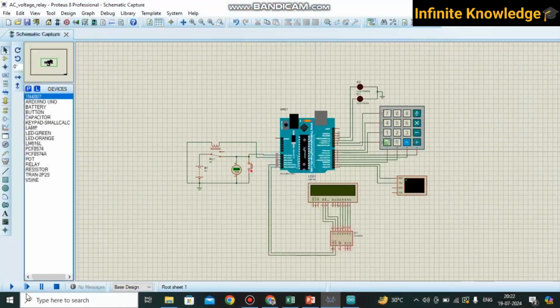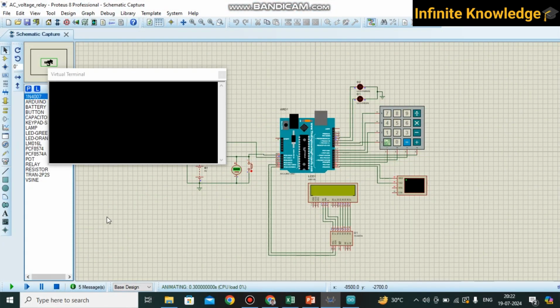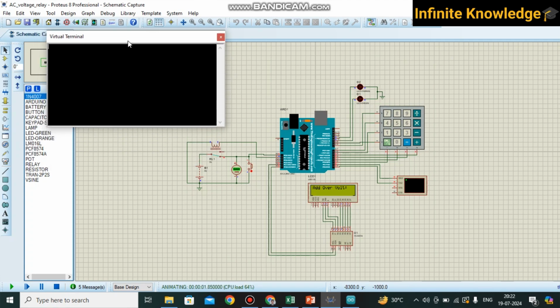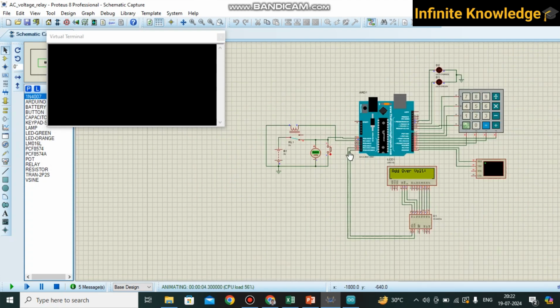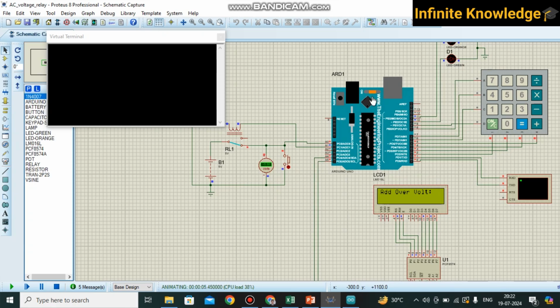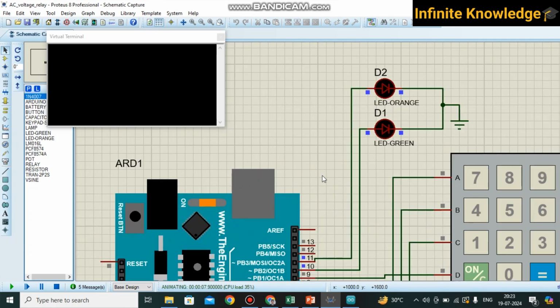Okay, this is the simulation part, and I have just run this simulation. Whenever I start this simulation, I am giving you a brief of this. This is the connection. This is the Arduino. This is a keypad. This is some LED which is used to indicate on which level the microcontroller gets tripped.